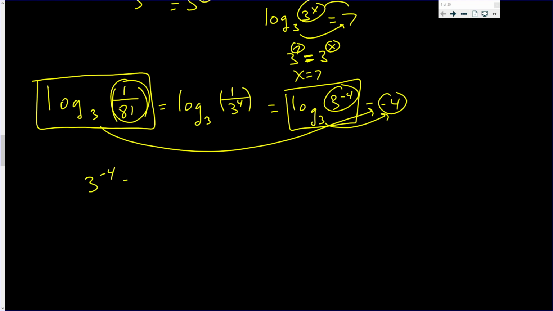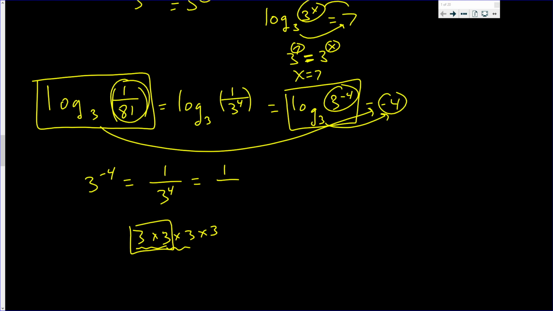Well, 3 to the negative 4, that's 1 over 3 to the 4, and 3 to the 4th. Oh, do not go like this. 3 times 3 is 9. I know that because I know up to my 12 table. 9 times 3 is 27. I know that. But 27 times 3 I don't know because I don't know my 27 table.